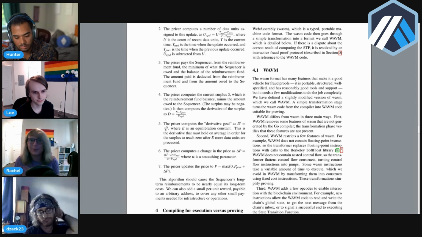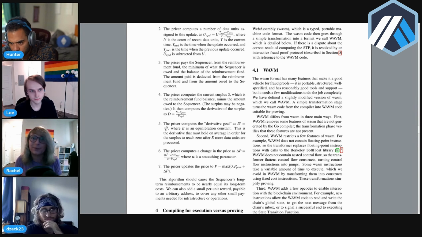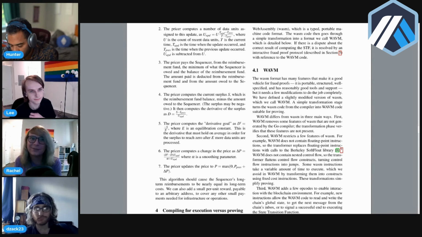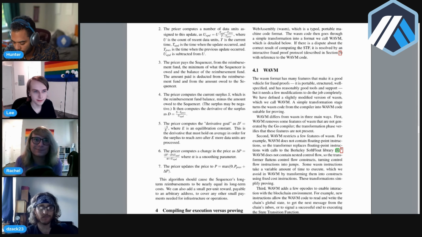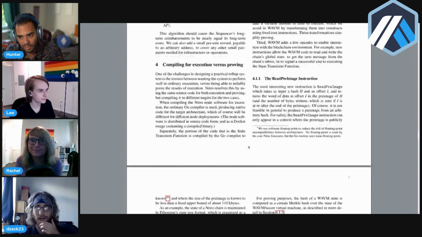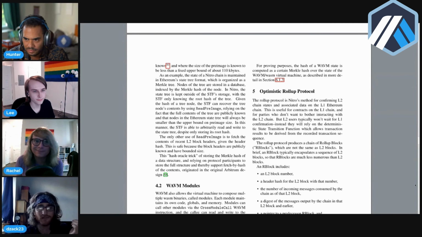So Wasm was a great choice, and although we do the transposition into WAVM for the Arbitrator-specific stuff, Wasm is still very valuable on its own, and we do things with it. So yeah, that's a little bit of insight into that. Also, lots of things can compile to Wasm, so that could become useful for all sorts of reasons.